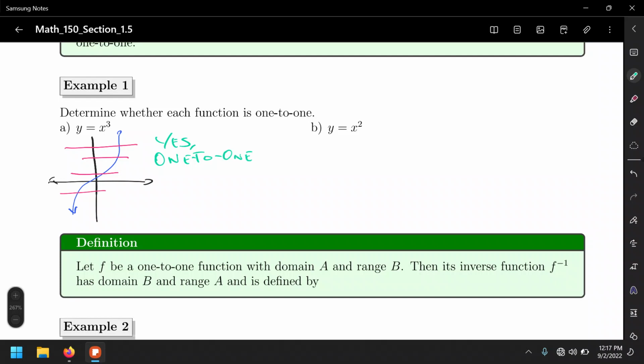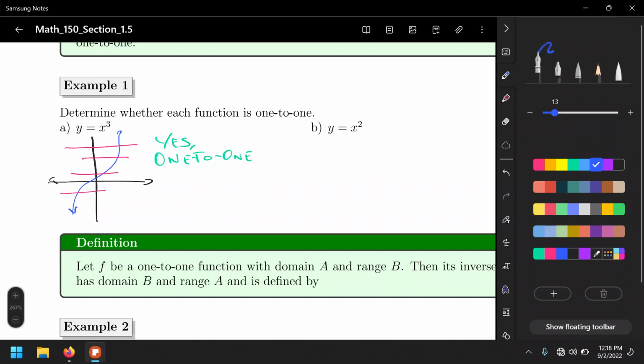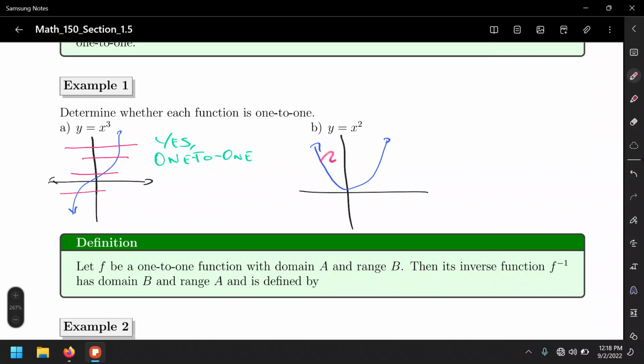Alright, what about the second function, y equals x squared? Well, we already discussed that one with values. So that's the parabola. In this case, let's trace horizontal lines. How many times does the horizontal line cross the parabola? Twice, right?